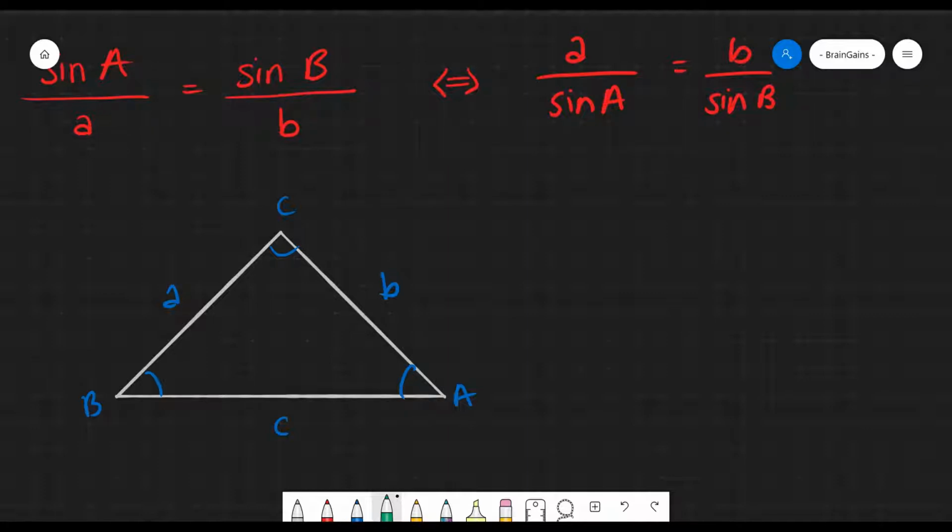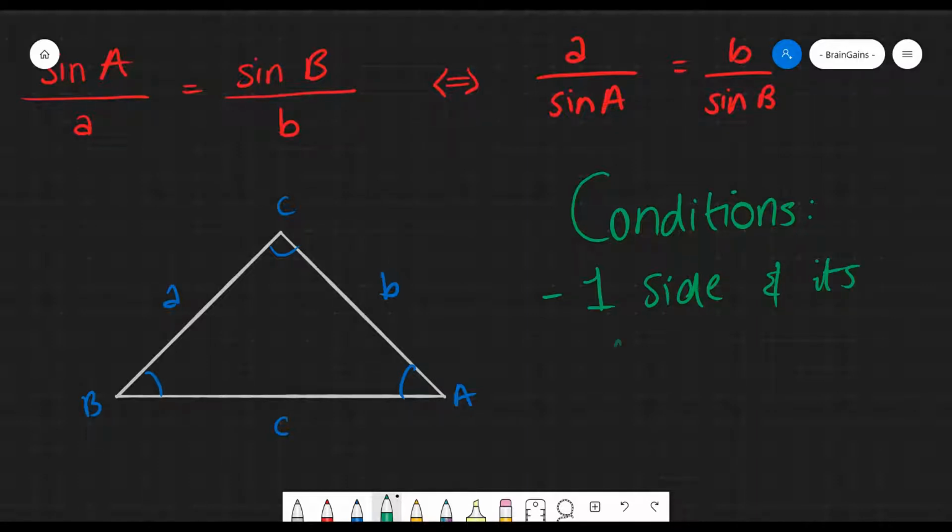So if we write down the conditions for the sine rule to be applicable, we need one side and its corresponding angle.